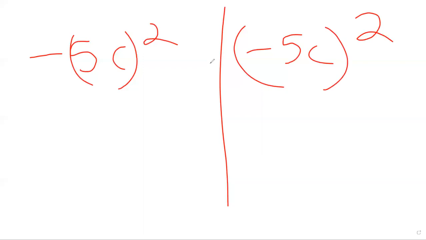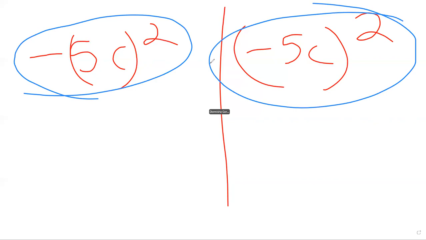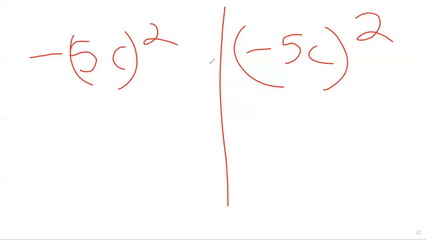As we would have established in class, this one means 5c is being squared, and our answer will have the negative of that, the negative of what we get when we square 5c. But this one means negative 5c is being squared. Everything in the bracket is always what's being squared.